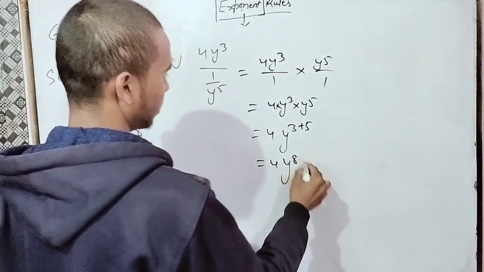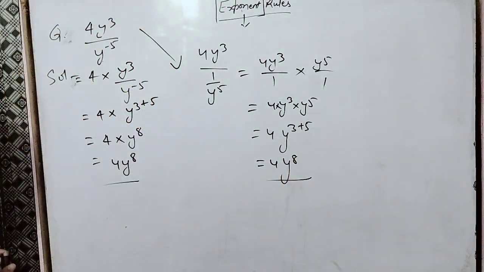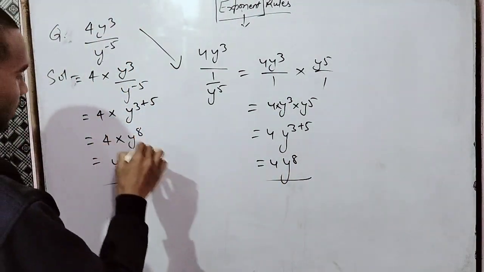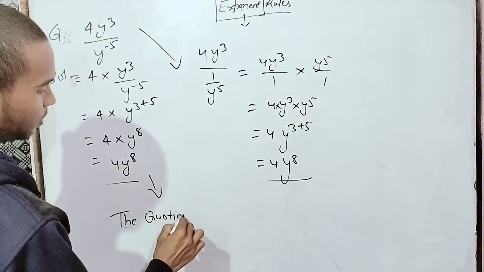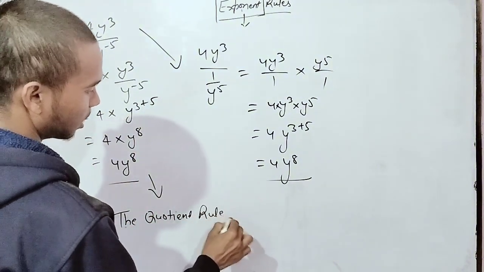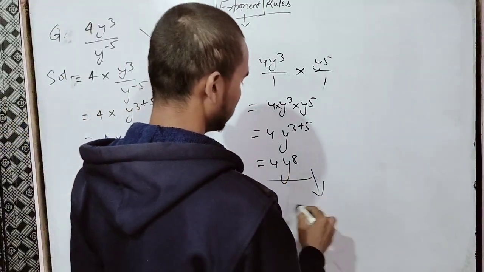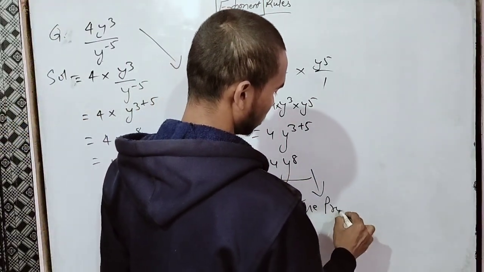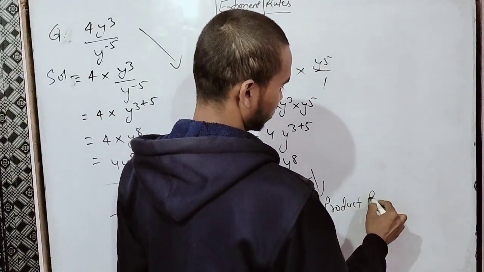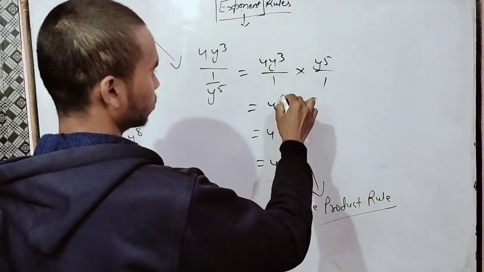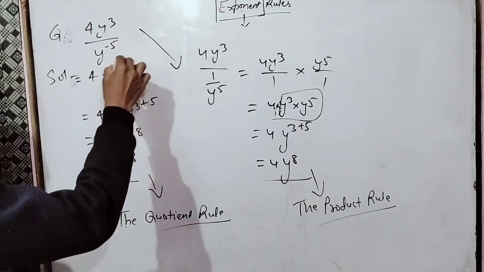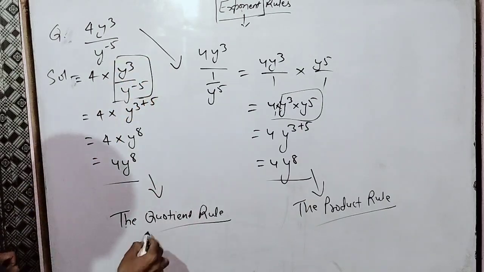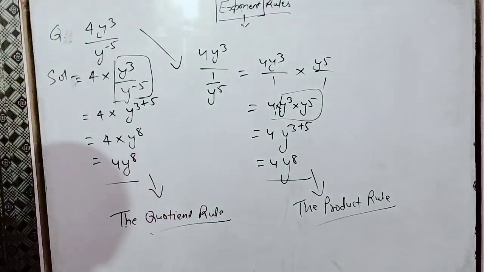So in this case we applied the quotient rule, and in this case we applied the product rule. Clear? So from here we saw that we can apply this, and from here we saw that we can apply this rule. Did you understand? Can we take the next question?